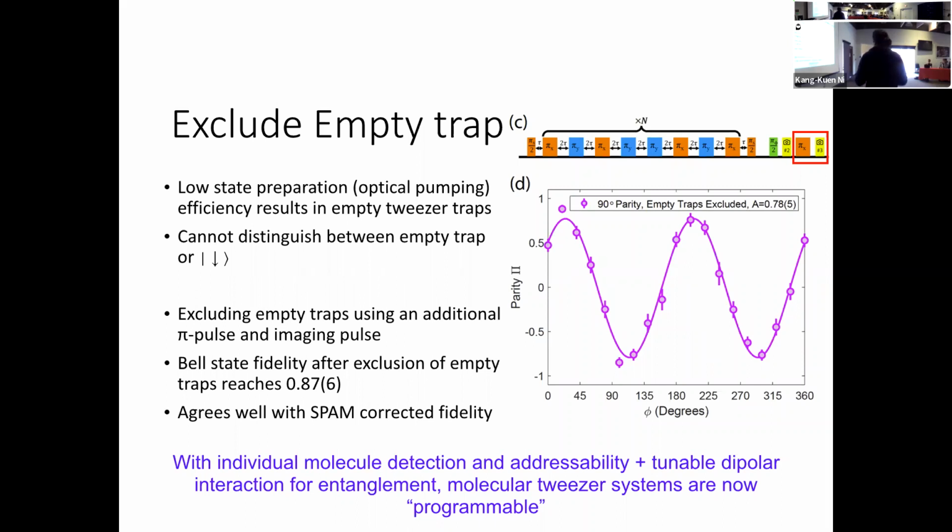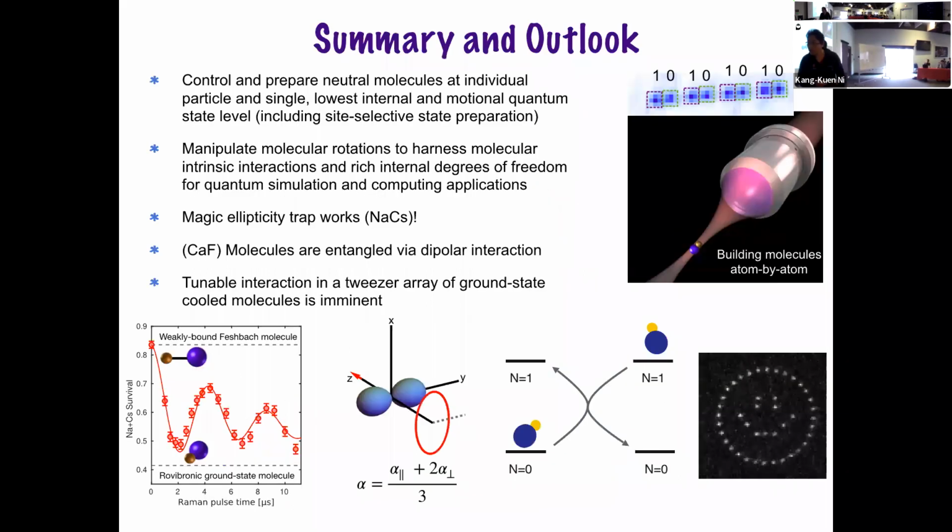Of course, the real next step would be to try to increase the fidelity. In the calcium chloride case, we will improve it by actually implementing sideband cooling so that these molecules are colder and the coherent oscillation can persist much longer. Okay, so I will just leave this one here, and I won't summarize, but I'd be happy to take any questions.